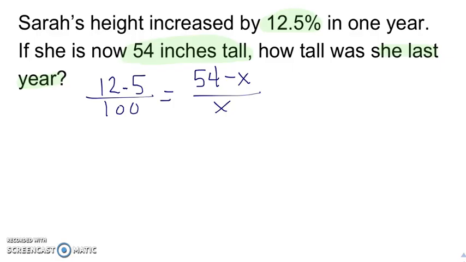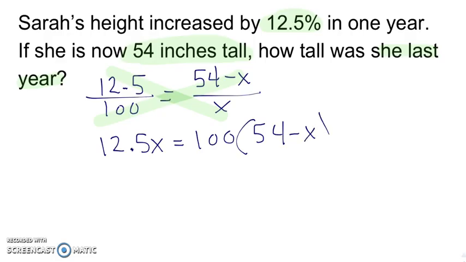Now to solve this, we're again going to cross multiply. 12.5 times x equals 100 times the quantity of 54 minus x. We're going to have to distribute. 12.5x equals 5,400 minus 100x.